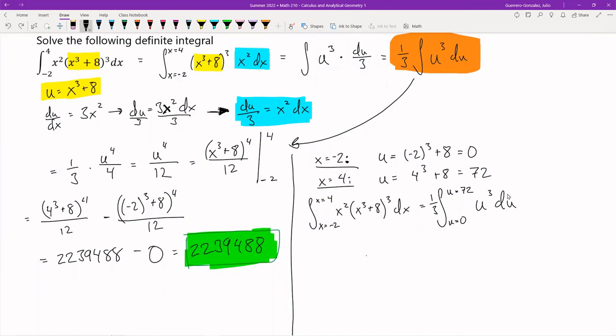So this is going to be equal to 1/3 u to the 4th over 4, which is equal to u to the 4th over 12, evaluated over the new limits of integration. So this one is going to be from 0 to 72.